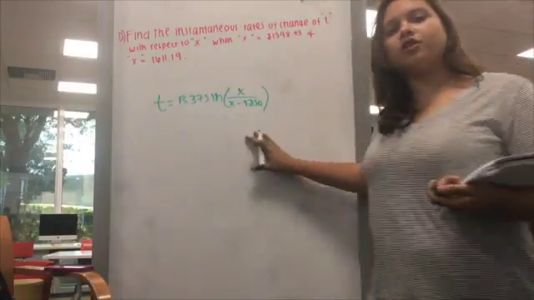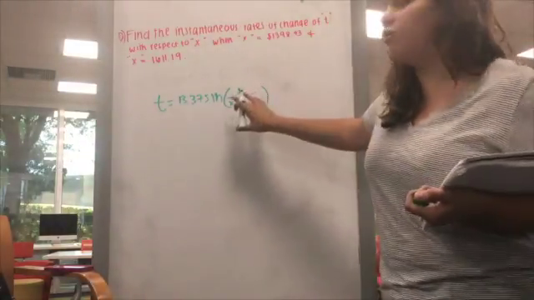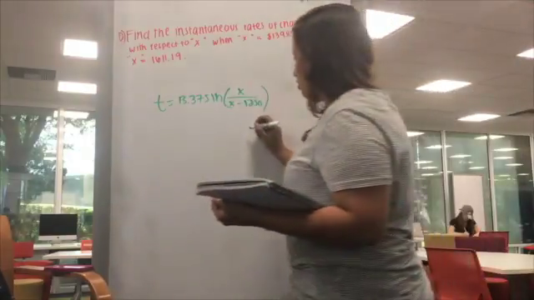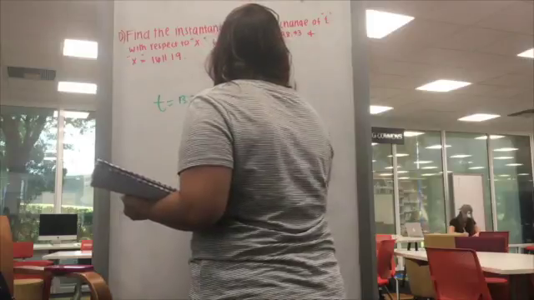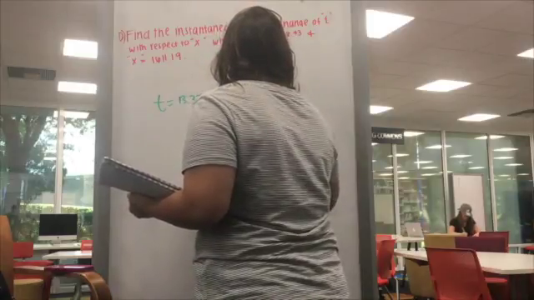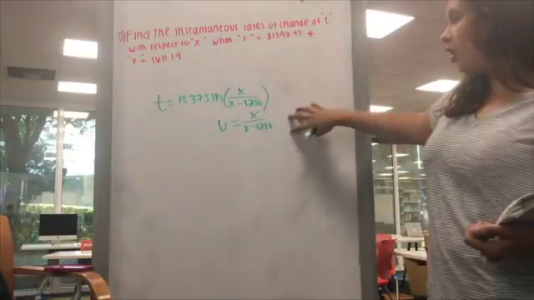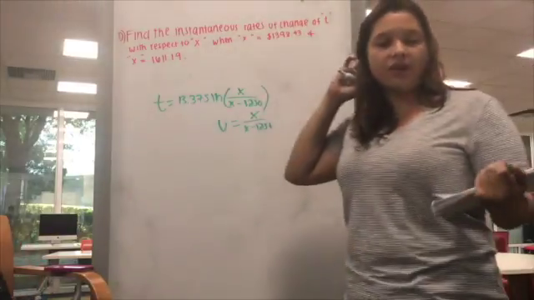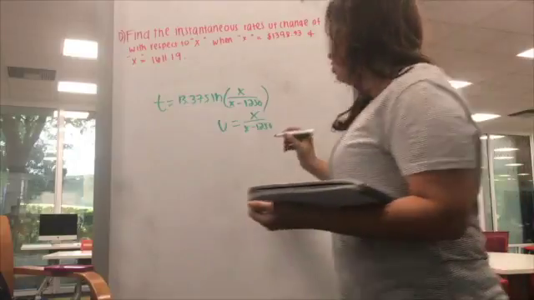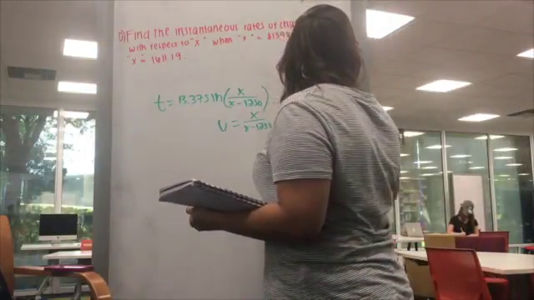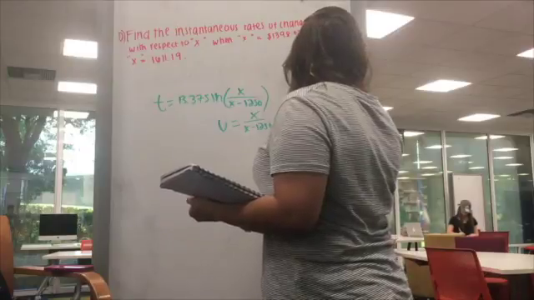As it's a ln, you take the u, and as it's a fraction, you need to have f of x and g of x. Your f of x is equal to x, and your g of x is equal to this.